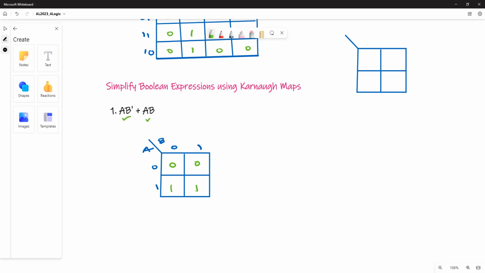So what was the first one? So you are going to create groups of ones, right? Okay. And when you're making a group, you have to make the largest group possible. So the group should be as large as possible.